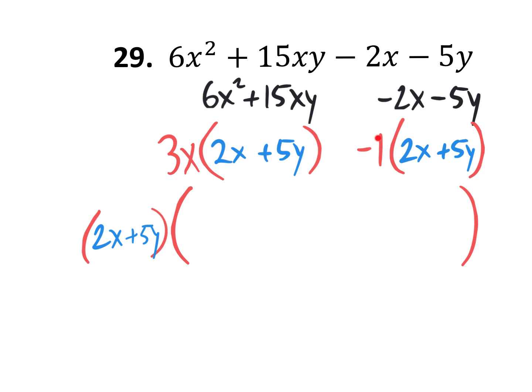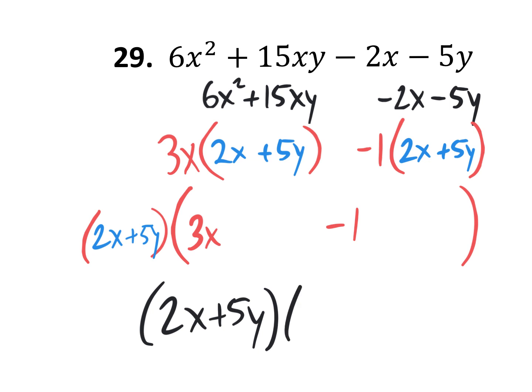And then what's left over on the inside of the big parentheses, the 3x comes down and the minus 1 comes down. And that's your factored form answer. Of course, just write it with the correct size parentheses, 2x plus 5y times 3x minus 1.